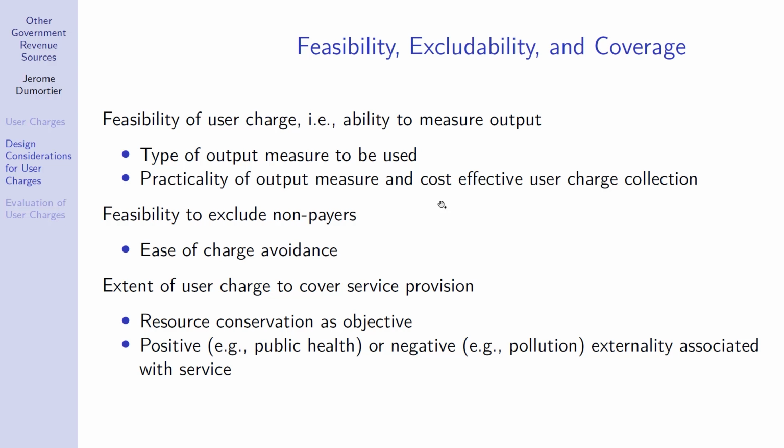If you are building a large bridge or a large tunnel, it may be very expensive, and if it was only based on user charges, the user charge may have to be very, very high in order to cover the entire construction cost and maintenance cost. And this may actually discourage the use of the bridge altogether. So there are certain trade-offs depending on how high the user charge would be in order to cover the cost.